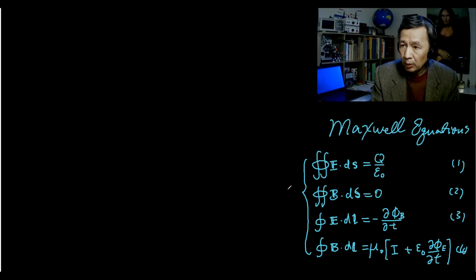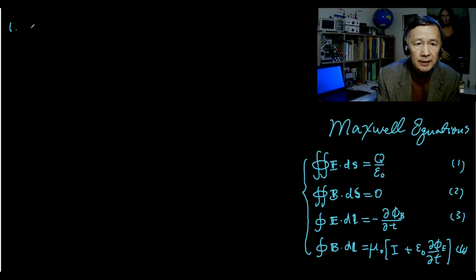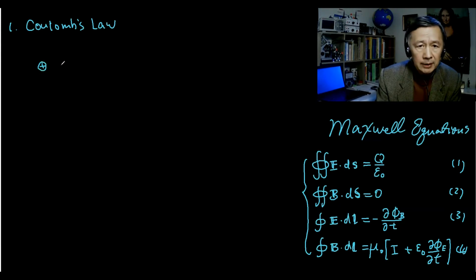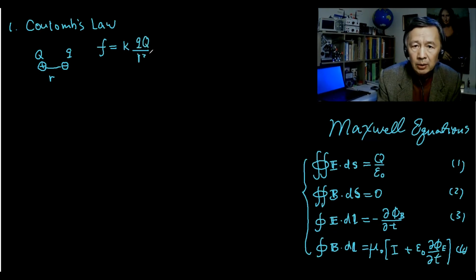I'm going to derive these four equations from special cases. In the first place, let's consider Coulomb's law. If we have a pair of charged particles, this is capital Q, this is a small q, and the distance between the two charges is denoted by R. According to Coulomb's law, the force between these two charges can be written as K times Q times q divided by R squared.